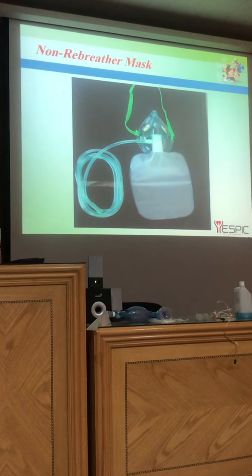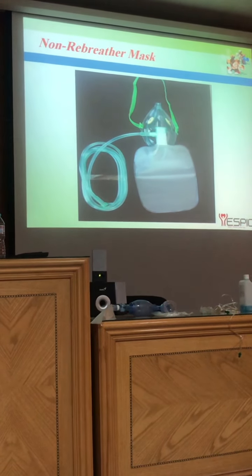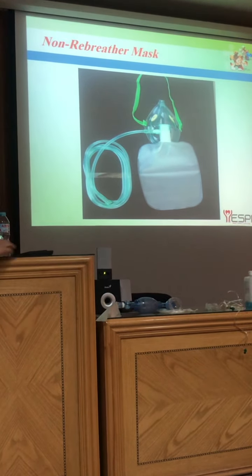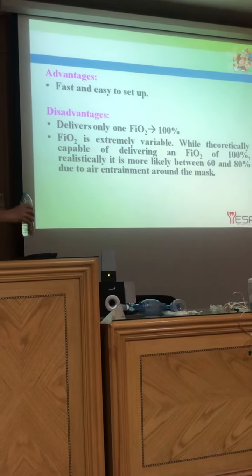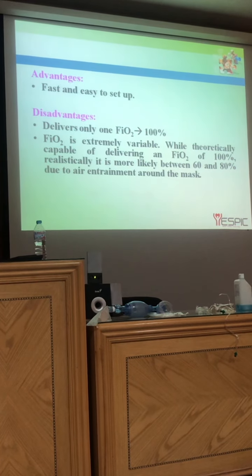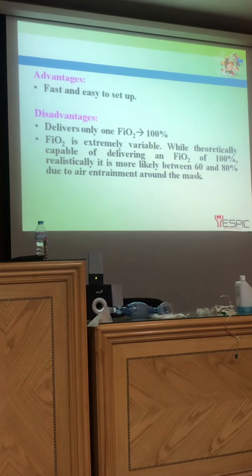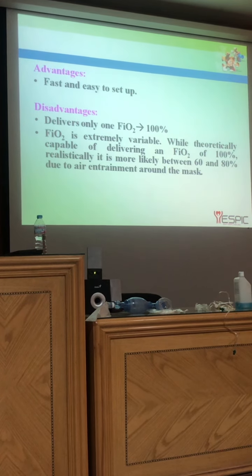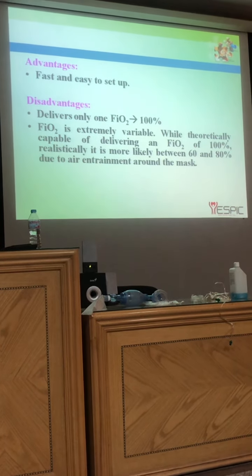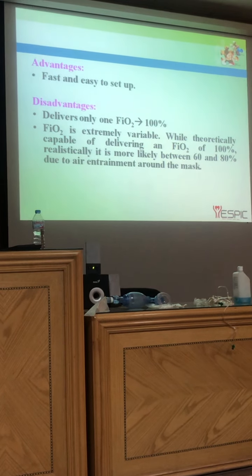It is a face mask with a reservoir below, which will increase the oxygen concentration up to 100%. Okay? So the oxygen mask gives 50%, the non-rebreather mask gives 100%.